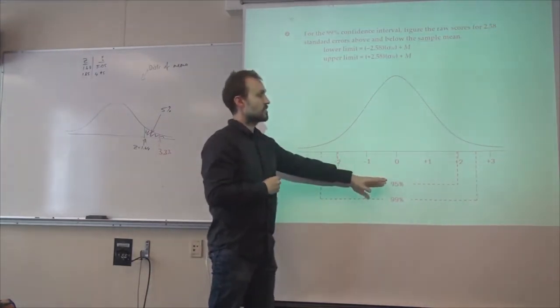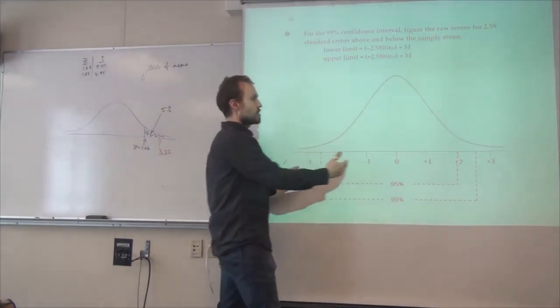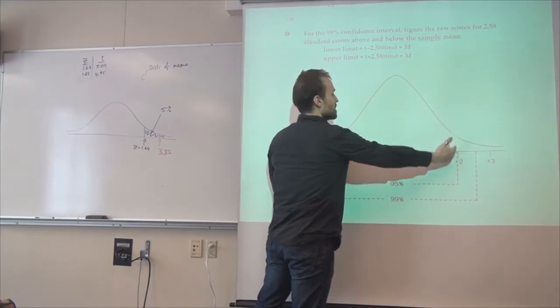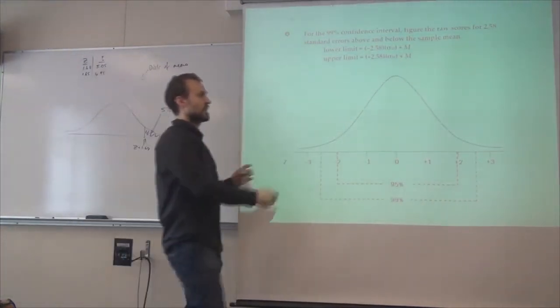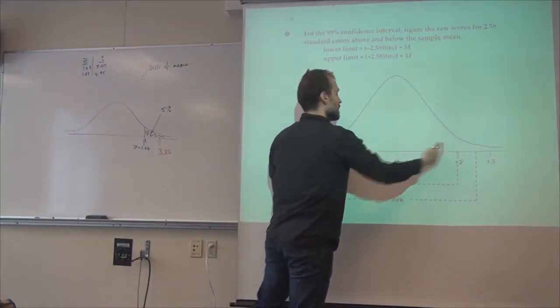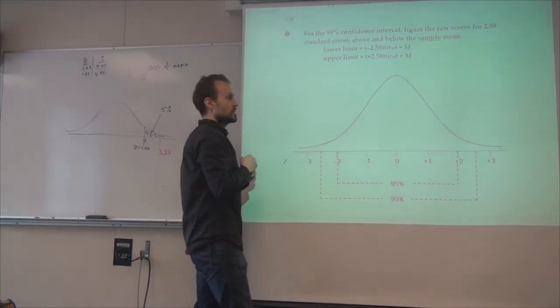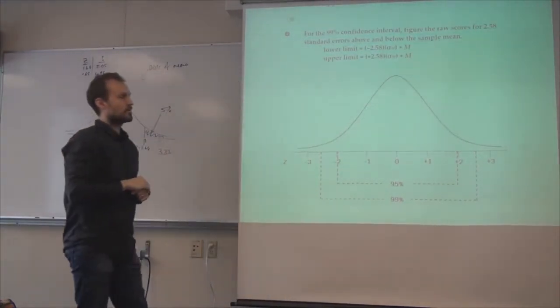If I want to be 95% confident, then I want the area here to be 95%, and the z value tells me how far do I go up and how far do I go down to cover 95% of the possibilities.